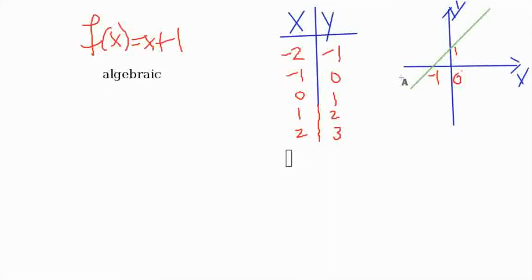Now the middle way, where I had the columns of numbers, you might call that tabular, because it has to do with a table of values. That's another way that somebody could communicate function information. And then on the right, that one would be graphical. And so part of this class is going to get you comfortable thinking in all these different ways, and sometimes even in the same problem, being able to switch between these different ways of communicating information about functions.